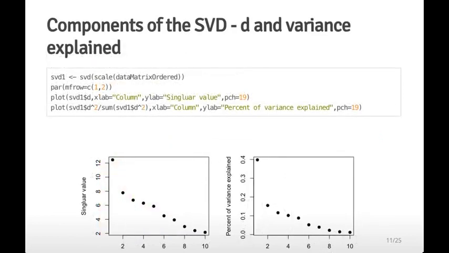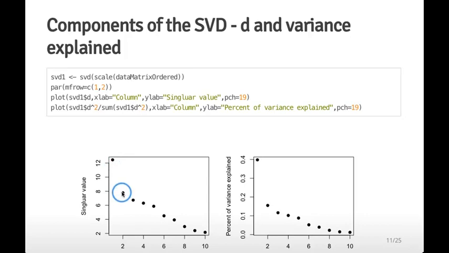We can also look at the D component that comes out of the singular value decomposition. So if we apply the svd to the data matrix, and then we make a plot of the D values by column, we can see that they're a decreasing set of values. The first right singular vector or left singular vector corresponds to this first D value.